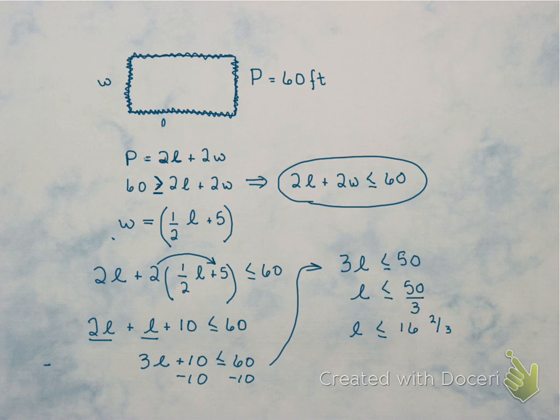Now that we know what the length is, we can determine what the width is. So if the length is less than or equal to 16 2/3, the width is going to equal 1/2 of the length plus 5.